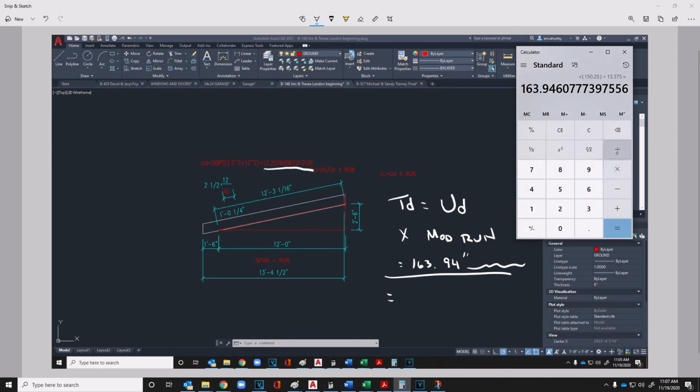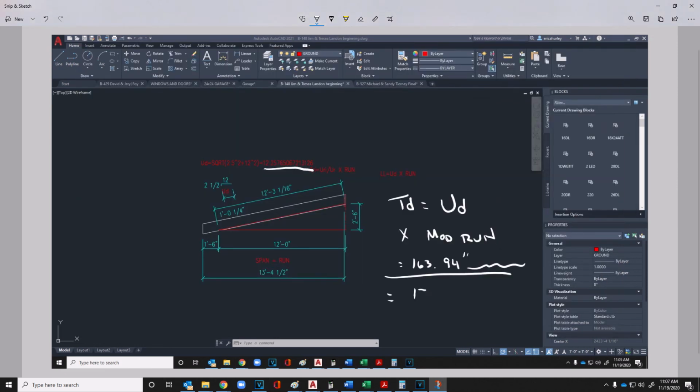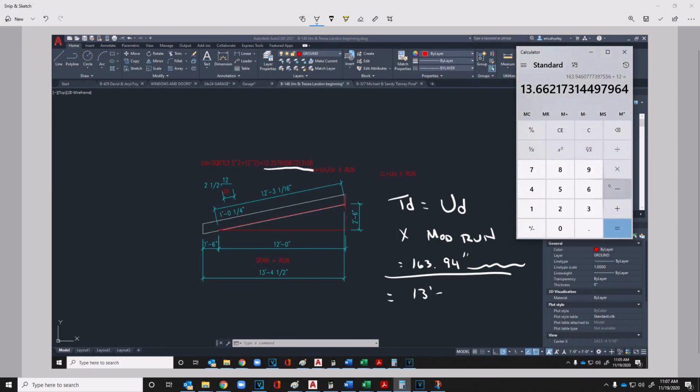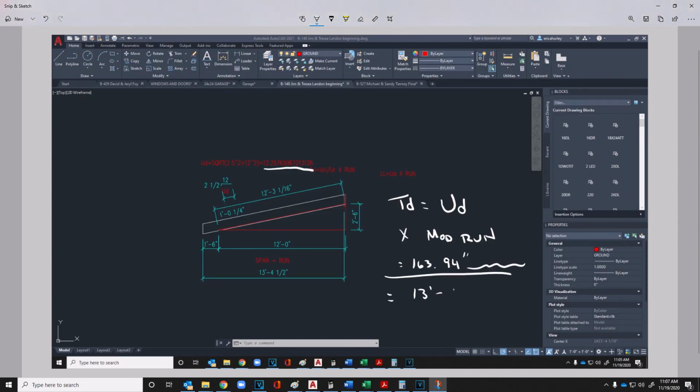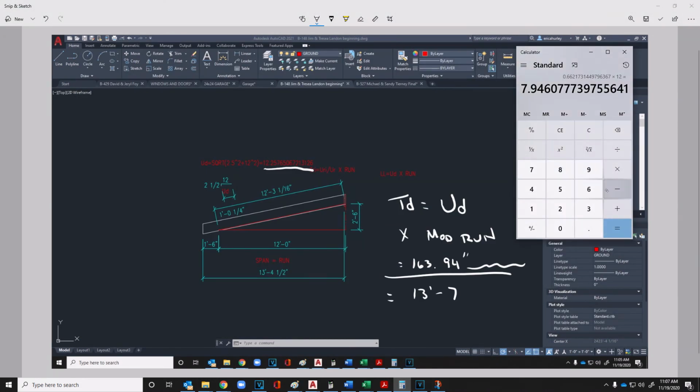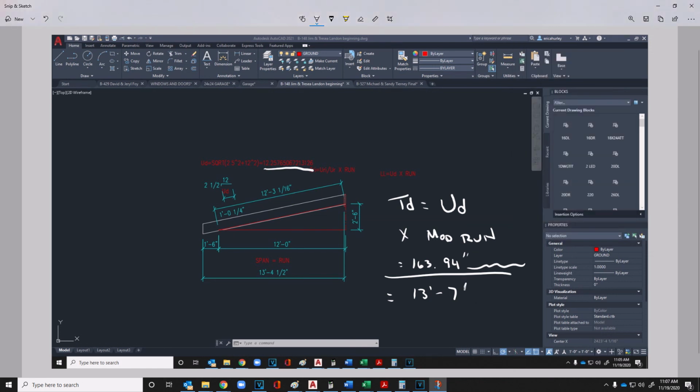I'm going to divide by 12, and that gives me 13 feet. I'm going to subtract the 13 feet, multiply that times 12, and that gives me 7. Then I subtract the 7, multiply times 16, and that gives me 15/16. So our rafter length is 13 feet 7 and 15/16.